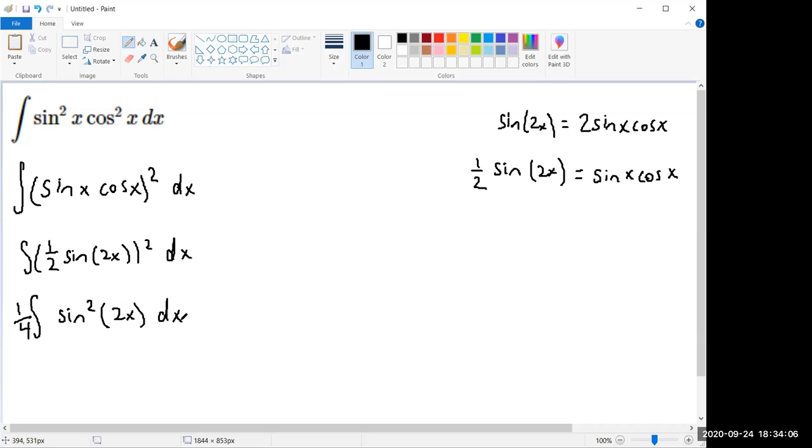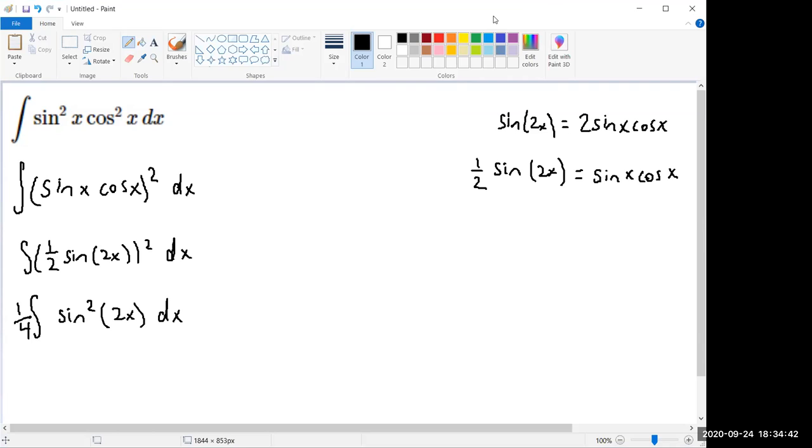Any idea what we can do now? Maybe rewrite sine squared in terms of 1 minus cosine squared x. But then the 2x, I don't know what to do with that. Yeah, we could do that, but I don't think that would help because there's still a square there, and there's still a 2x.